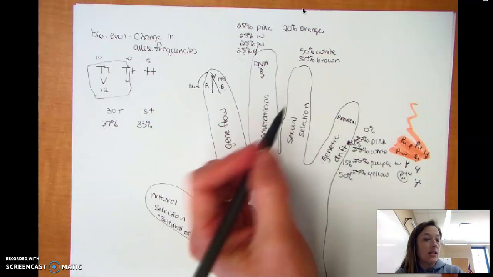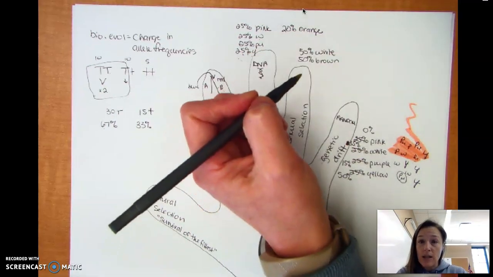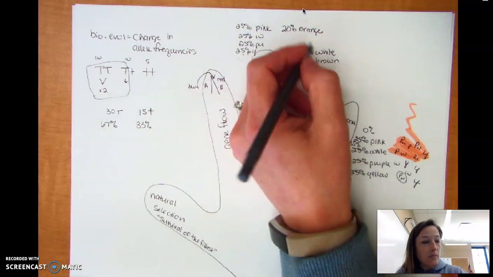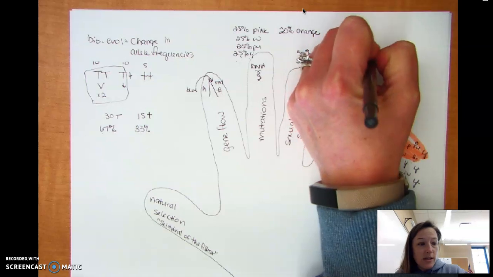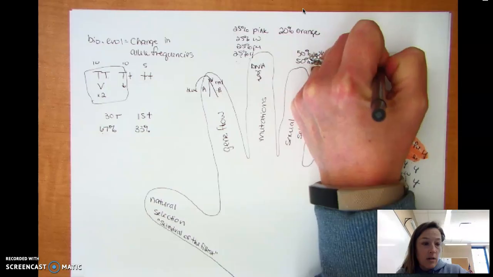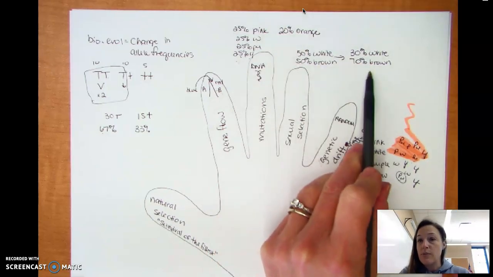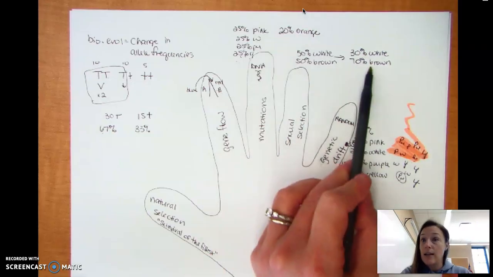Let's say they like the brown ones. And so more often the brown get to mate and the white don't. Okay, the white males are just kind of left out. What we might see over time is that slowly that changes to 30% white and 70% brown. Simply because the females are choosing the browns more often. And so that's going to create a change in allele frequencies, evolution.